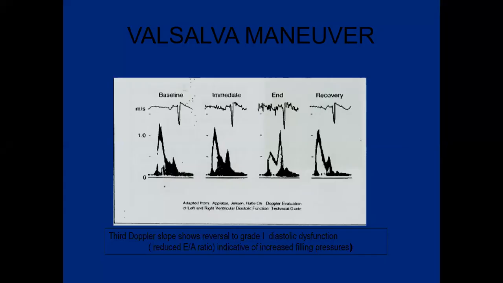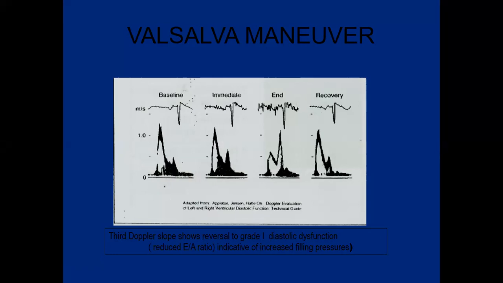So this is a patient who has a tall E wave and a small A wave, right? And we did Valsalva with this patient. What does the Valsalva do? It reduces the flow into the LA.